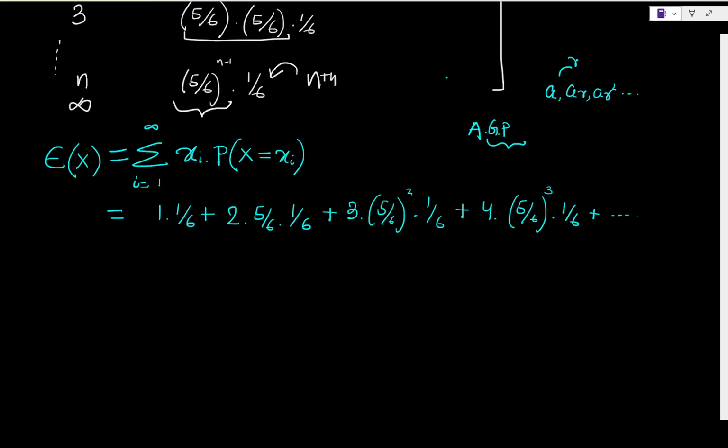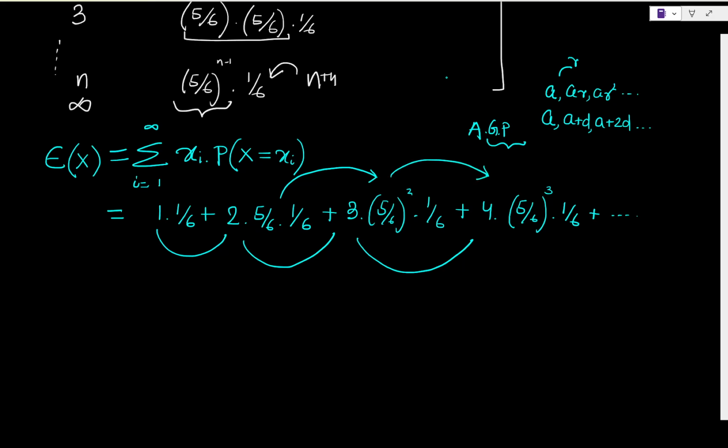And in AP, arithmetic progression, we have A plus D, A plus 2D, so on and so forth. It's a combination of both, because here this 1 becomes 2, 2 becomes 3, that value keeps on increasing by 1, whereas there is an R value involved as well, like 5 by 6 being multiplied.